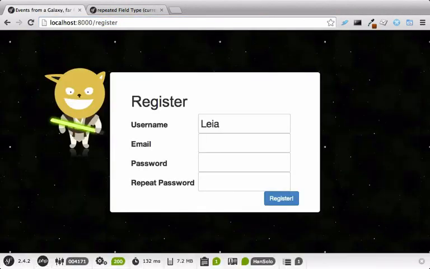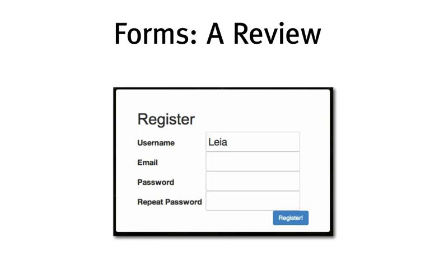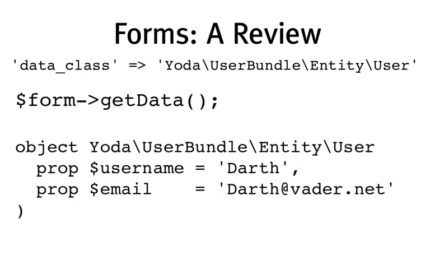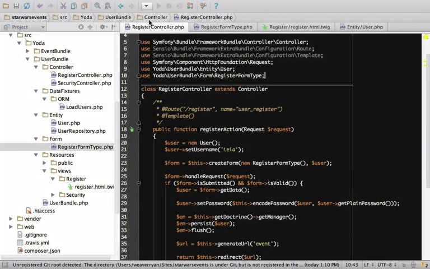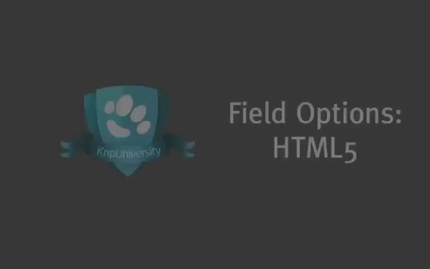We've conquered forms. Some quick review. A form is something you build, giving it the fields and field types you need. At first, a form just returns an associative array, but we can change that with the data class option to return a populated object. Forms can also be built right inside the controller or in an external class. Got it? Great! Let's move on to validation.